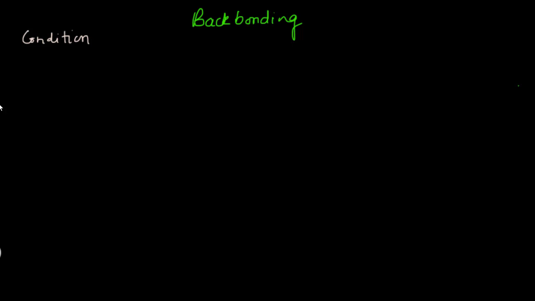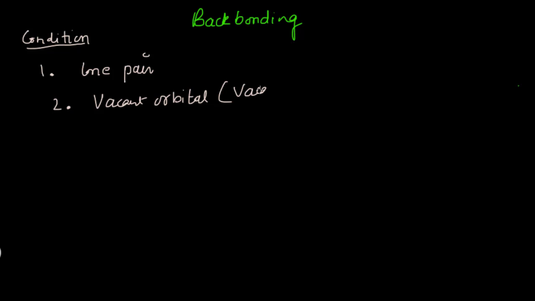So the conditions for backbonding are: your first condition is one atom should have a lone pair of electrons. Your second condition is that one of the atoms should have a vacant orbital, where vacant orbital is basically vacant p or vacant d.